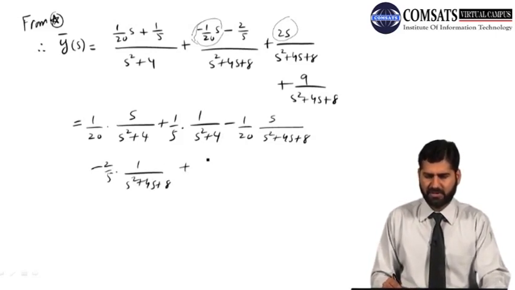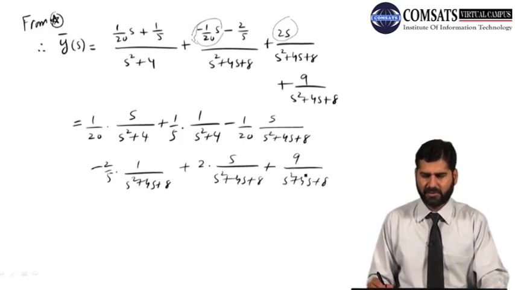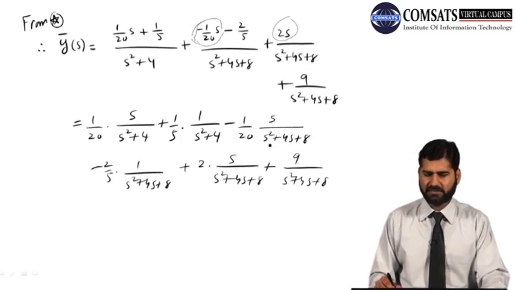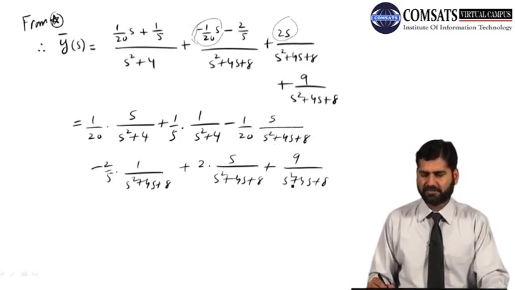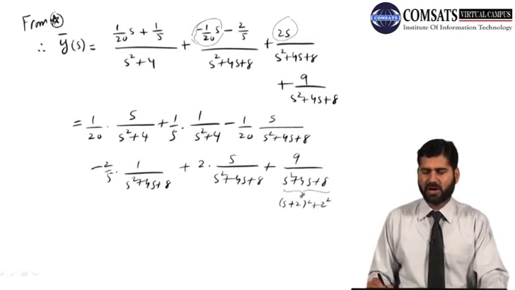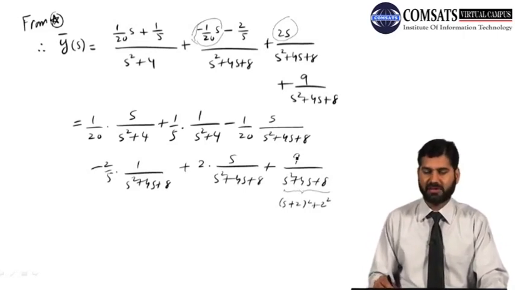And then we have 2 times S over S square plus 4S plus 8. And then we have 9 over. All right, I did this one. Right. Now, because this denominator is S plus 2 square plus 2 square, I don't need S. I need S plus 2 everywhere.